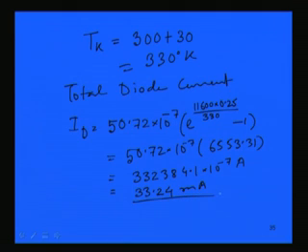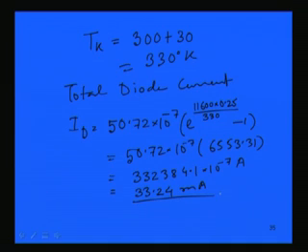So, now you can see the change in the diode current when you raise the temperature by 30 degrees centigrade. Initially the diode current was 10 milliampere. Now it has become 33.24 milliampere because of the rise of temperature.